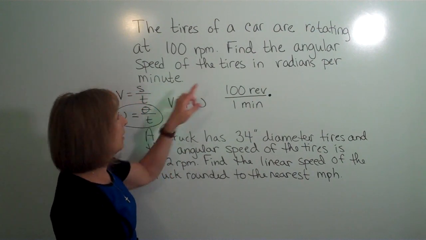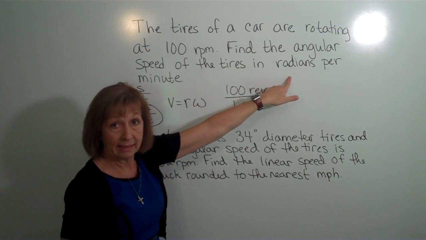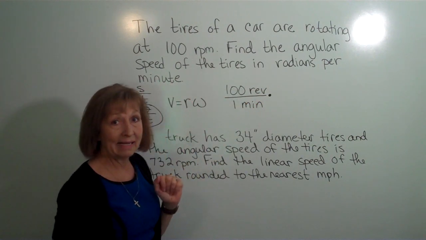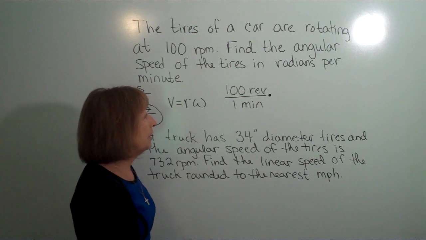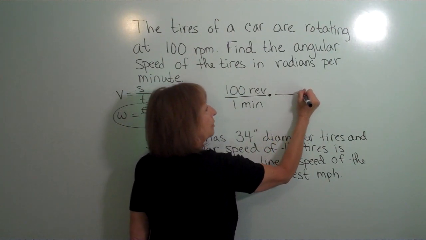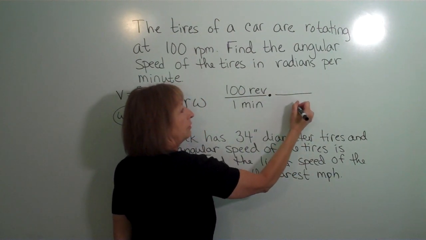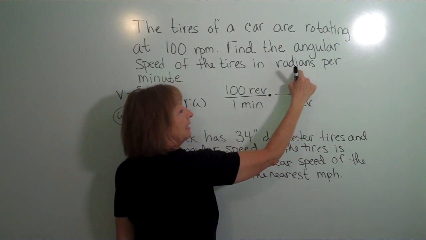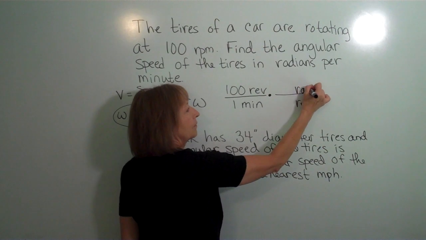So we want to go to radians instead of revolutions per minute, so I'm going to stay in the minutes. So here I have just my 1 unit conversion where I want the revolutions to come out and the radians to come in.